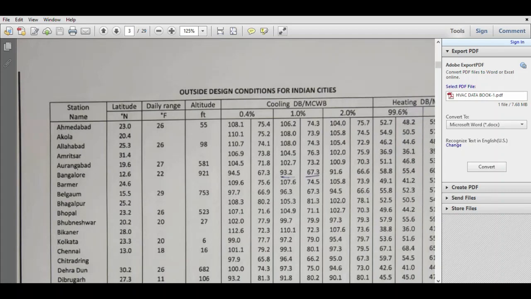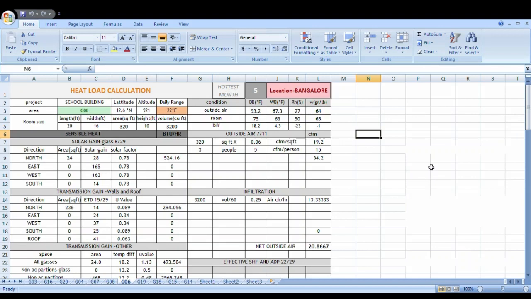So these values we will put in the E20 sheet. Latitude I put 12.6, altitude I put 921 and daily range is 22 degrees.